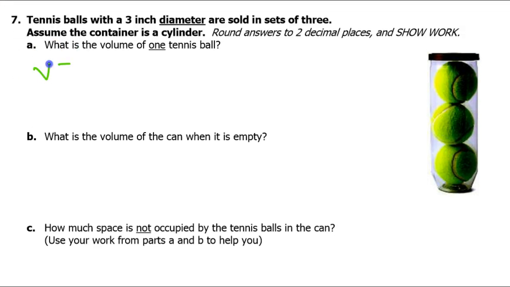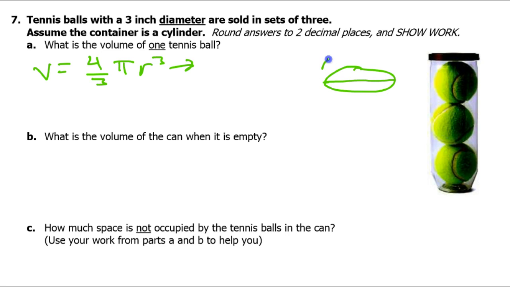So the volume of a sphere is 4/3 pi times the radius cubed. If the diameter is 3, then that means the radius is 1.5, right? Because the diameter is the distance all the way across.